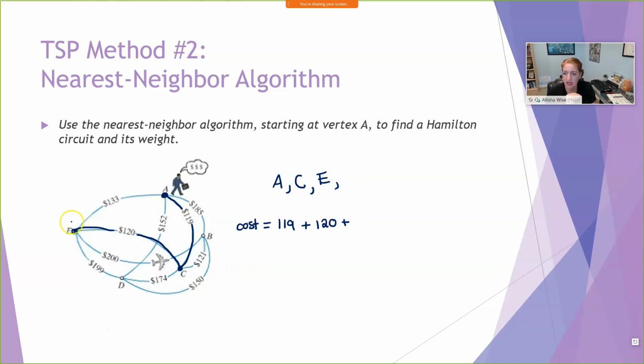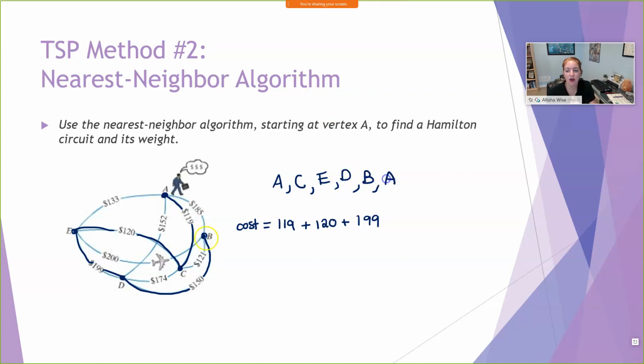So we have B and D left. Where do we go? B is 200, D is 199. I'm going to take that dollar cheaper option, 199. Now we don't have any option. We have to go to B next because that's the last vertex we have to visit. Oops, that's DB, excuse me.